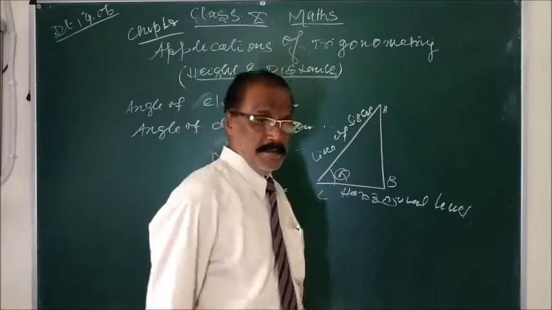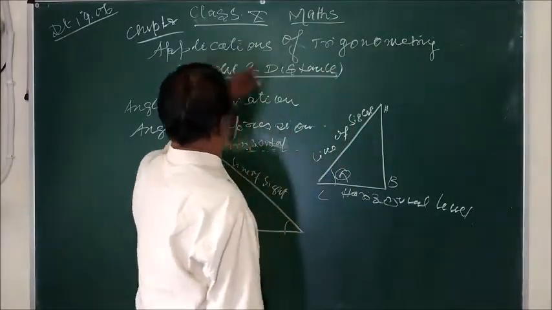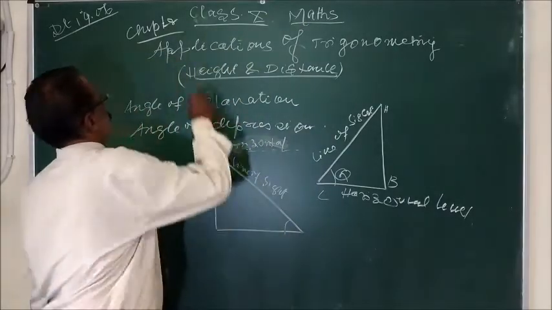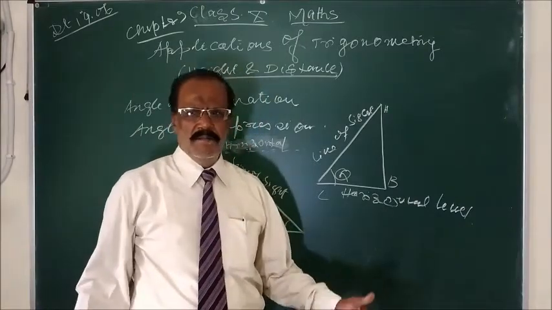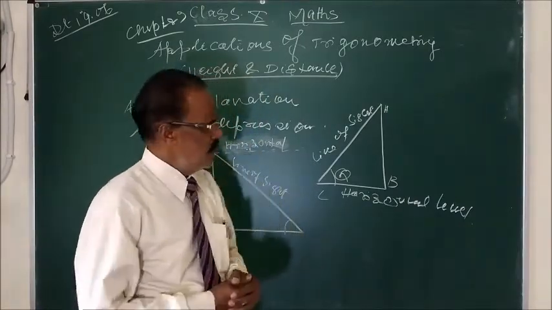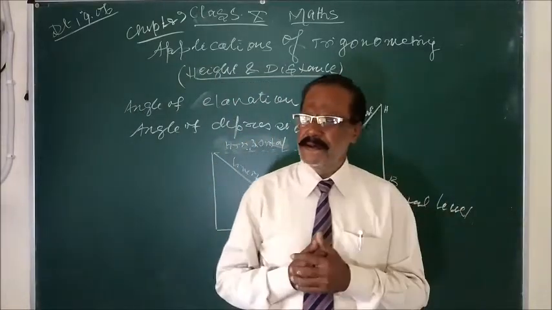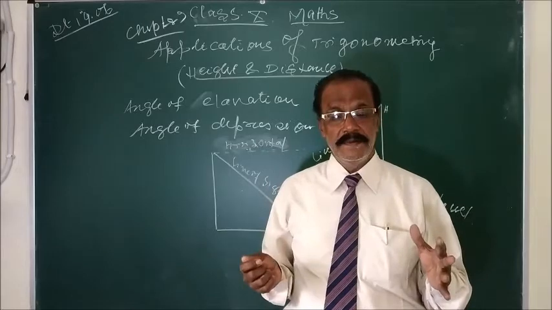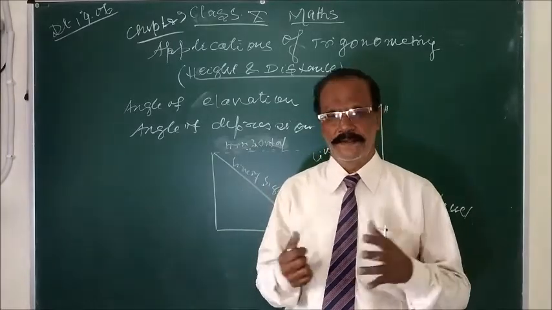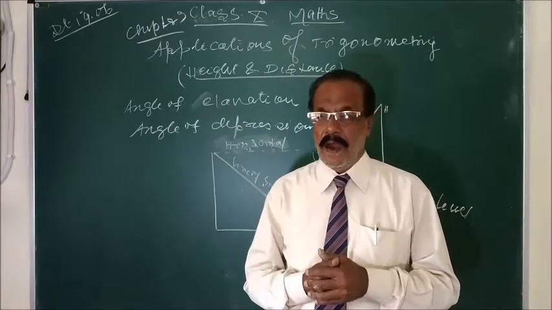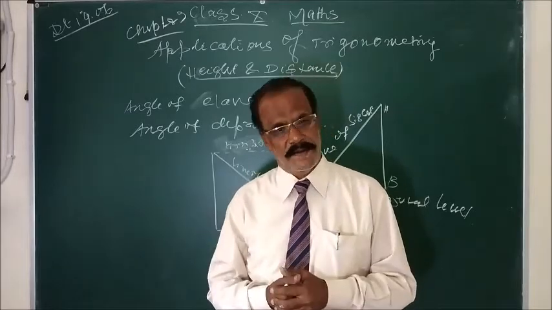Here is N Singh, and I am going to start chapter 9, that is applications of trigonometry, means height and distance. My dear students, in chapter 8, I have explained trigonometric identities and trigonometric ratios. If you are thinking what is the importance of trigonometry?